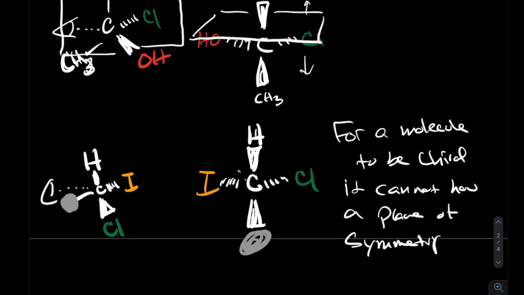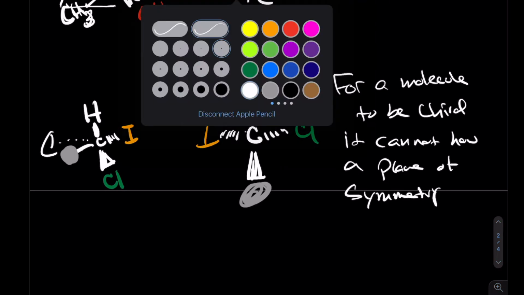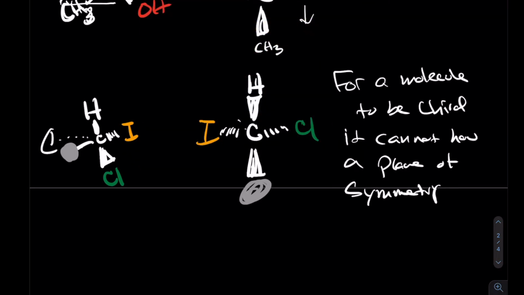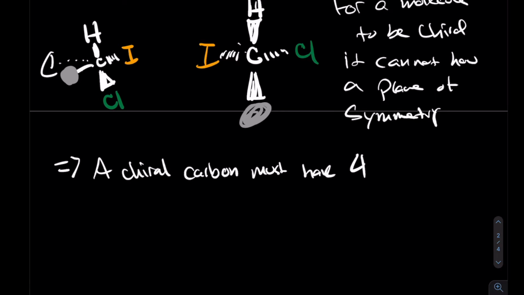And even more to the point, if that's still too much effort, it's super easy to remember that in order for a carbon, at least, a single carbon, to be chiral, a chiral carbon must have 4 different substituents.